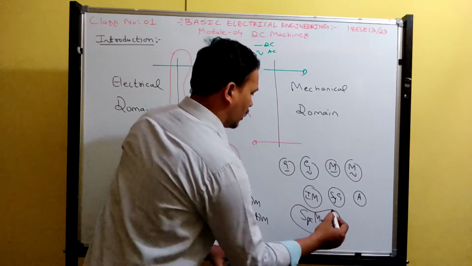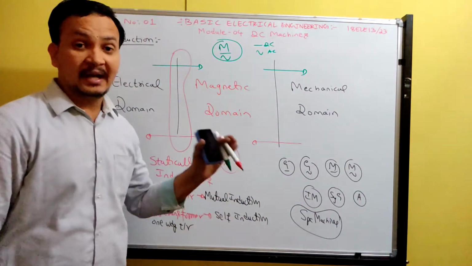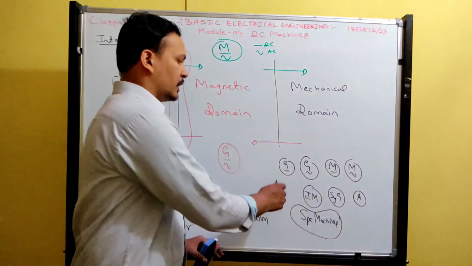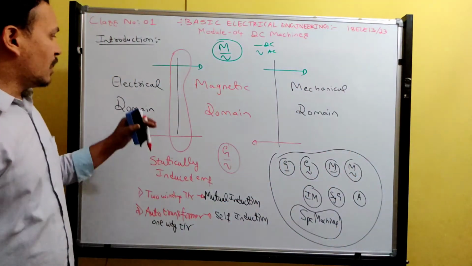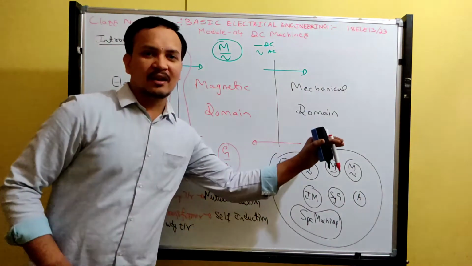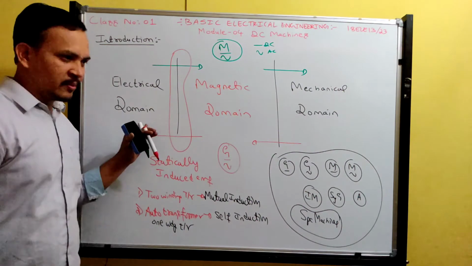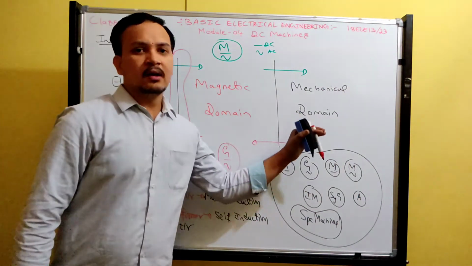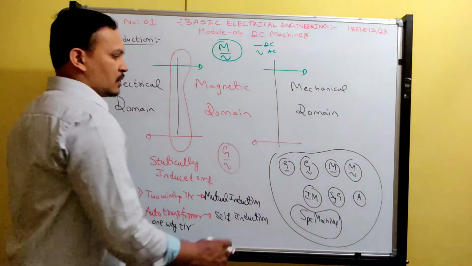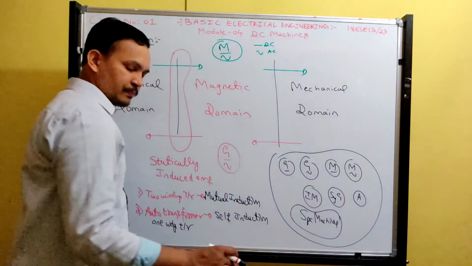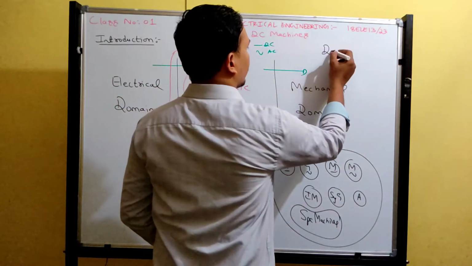All these are examples of rotating machines. In all these rotating machines, all three domains are included: the electrical domain, the magnetic domain and the mechanical domain. So all rotating machines basically work on dynamically induced EMF.